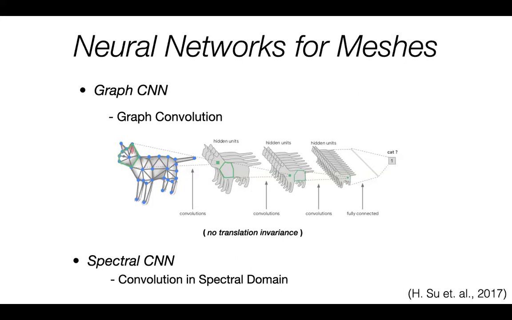So, but you can do a sort of operation that we call graph convolution that doesn't have the property of translation invariance, and you have to take this into account. If we really want to do the mathematically correct operation for convolution, that's translation invariant, we have to do this in the spectral domain.